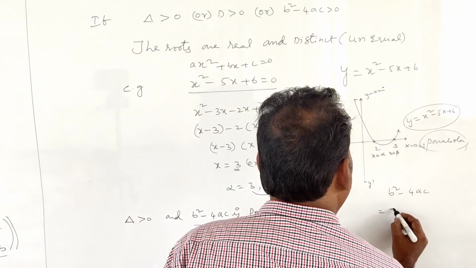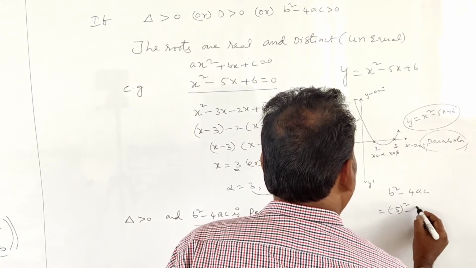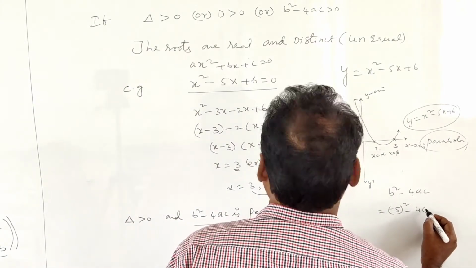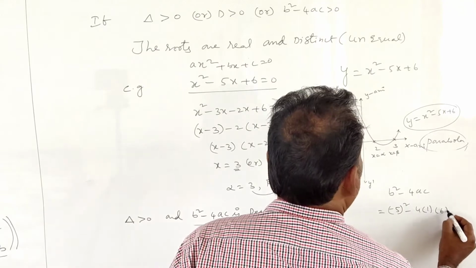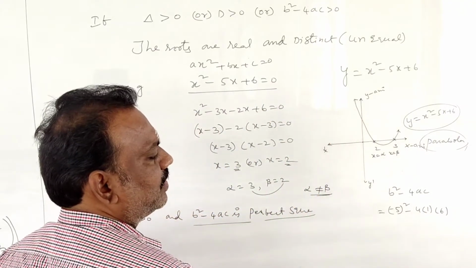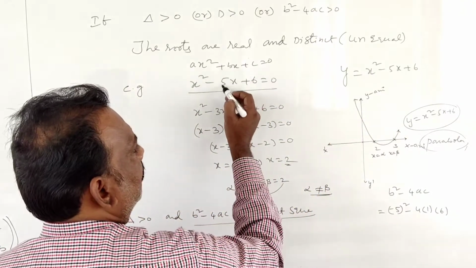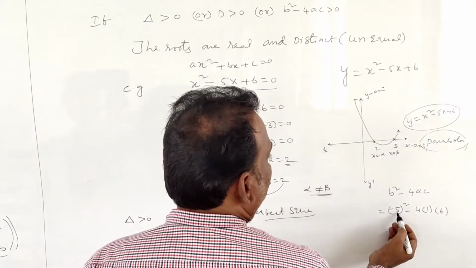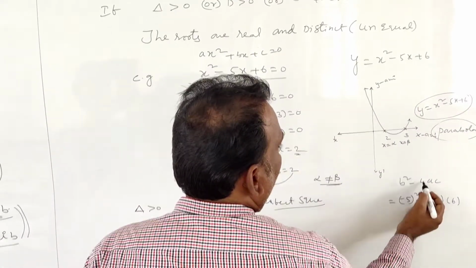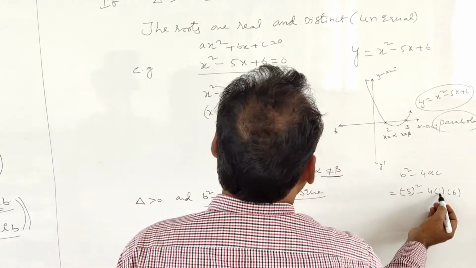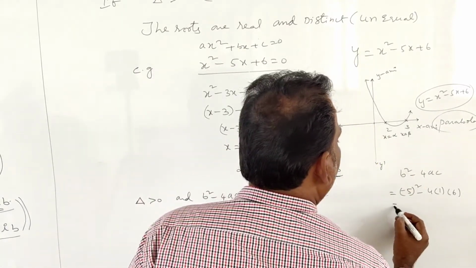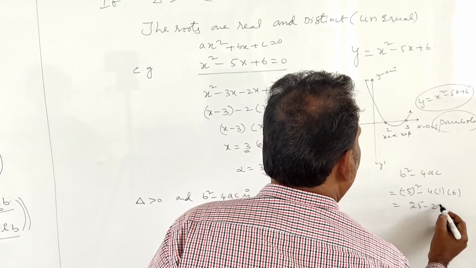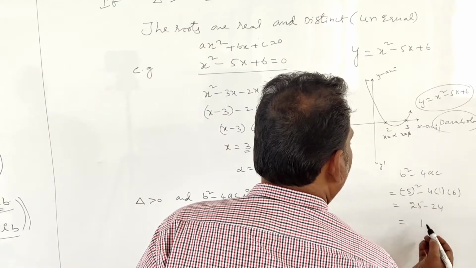So b square is minus 5 the whole square, minus 4 into a value 1 into c value 6. Correct, students? Minus 5 whole square minus 4 into 1 into 6. This is 25 minus 24, you get 1.